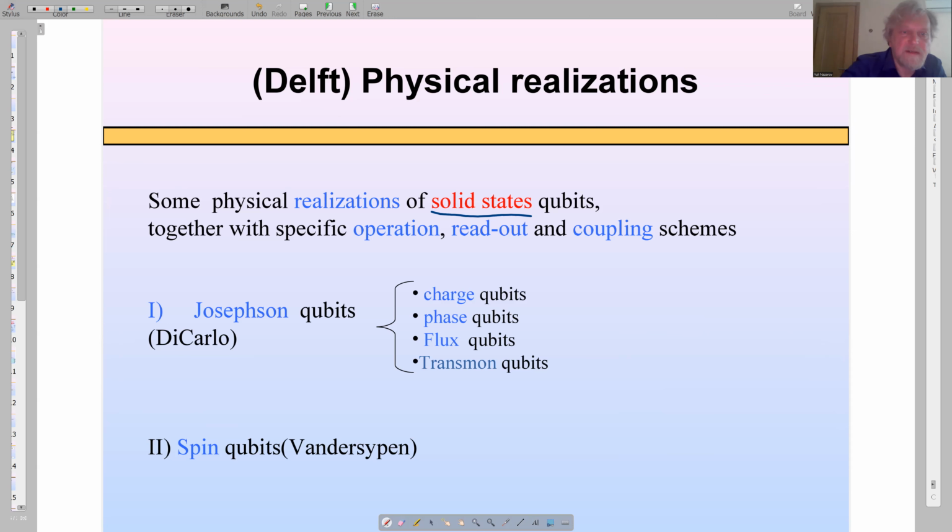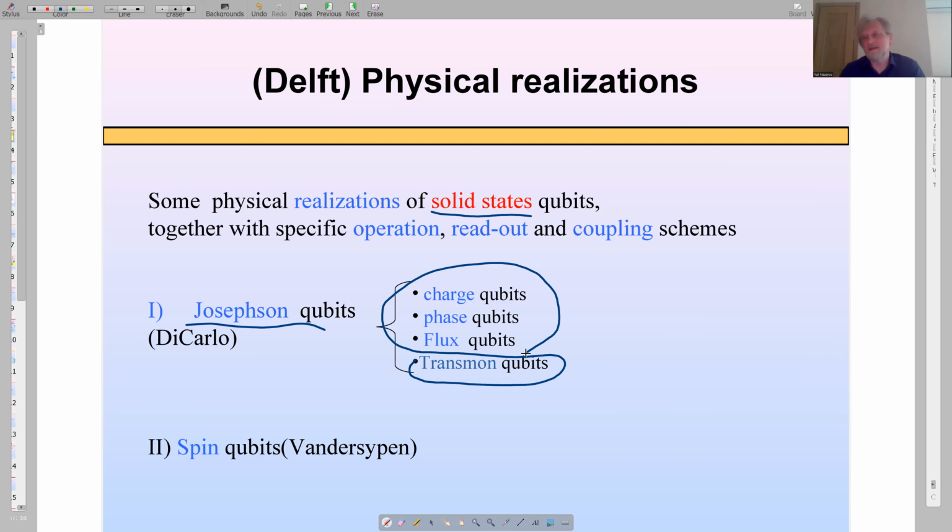Those are Josephson qubits. Now research is concentrated on transmon qubits, but all these earlier designs are also fun to discuss and to understand how quantum engineering actually proceeds, how one can think of quantum systems in engineering terms. And shortly, if time allows, I will talk about spin qubits.